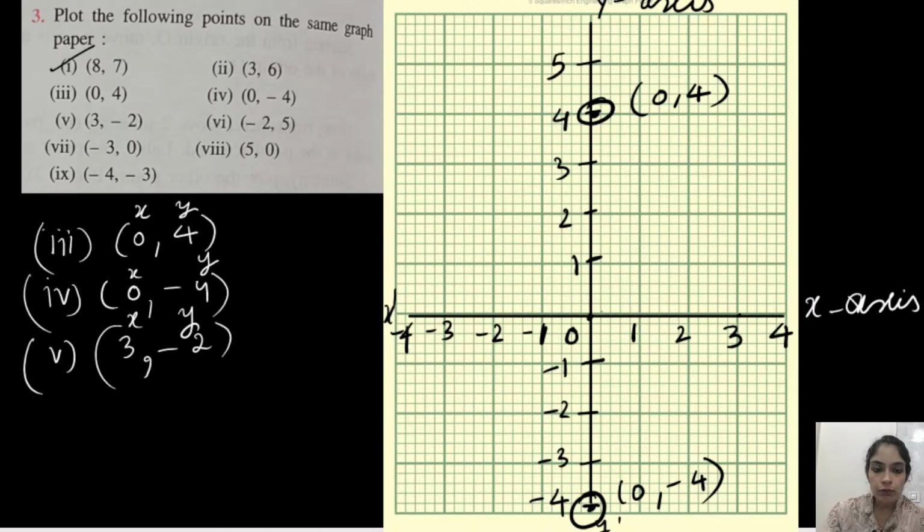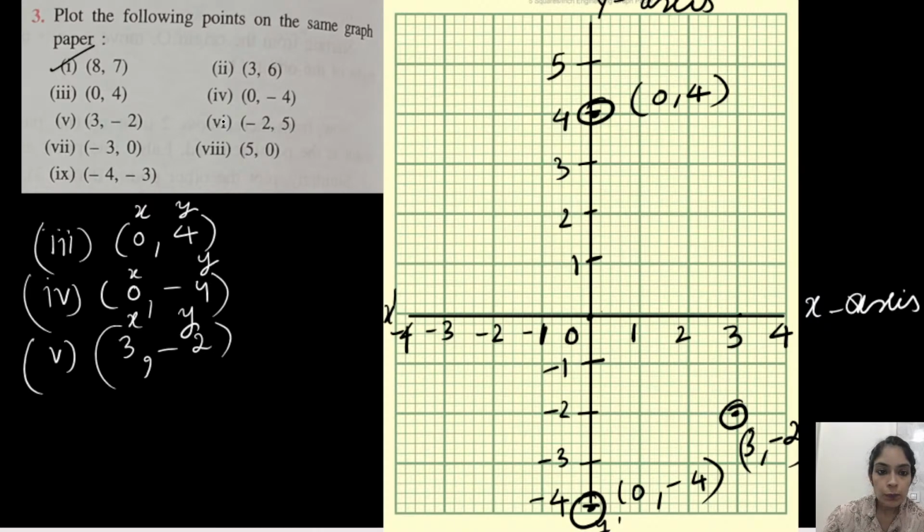Now I see the value of y. Y is negative 2, which is on the lower side. So I go straight vertically down to the point facing negative 2. This point is 3 comma negative 2. So we only go vertically up and down, depending on the value. Negative 2 was on the lower side, so I went down.